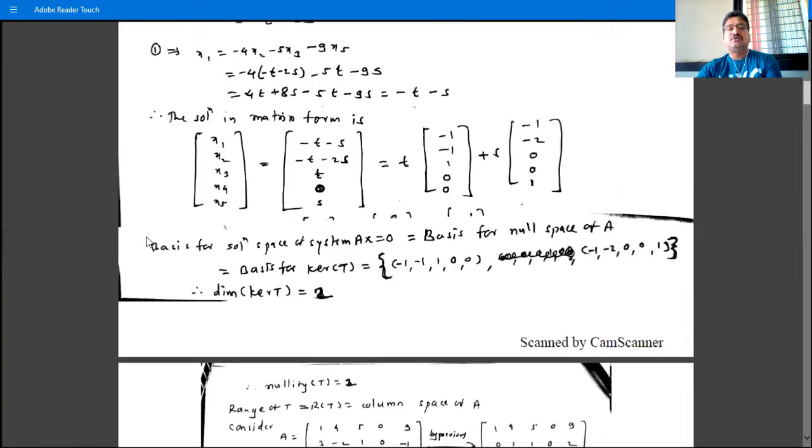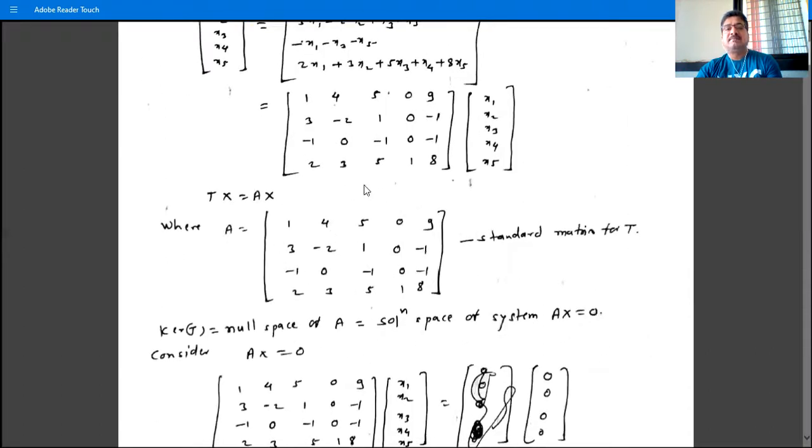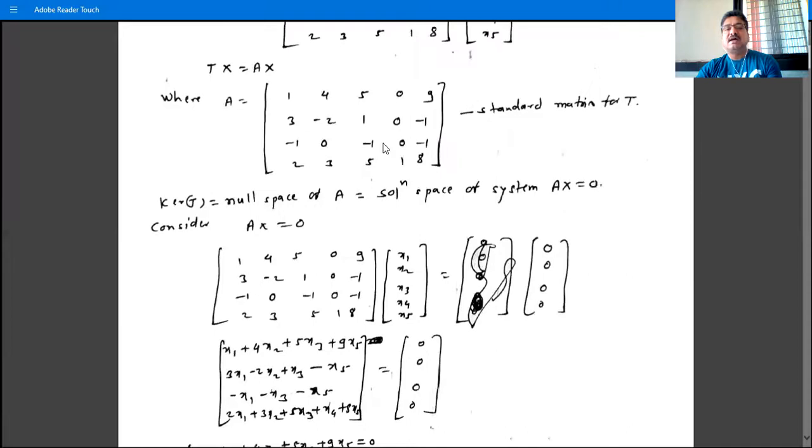So apply this procedure to obtain the standard matrix. Write the definition, the formula of that linear transformation, in the form of a matrix. Then write A, and that is the standard matrix.